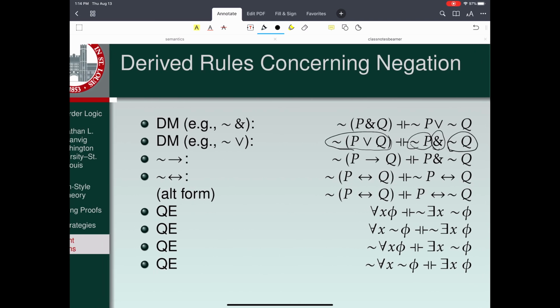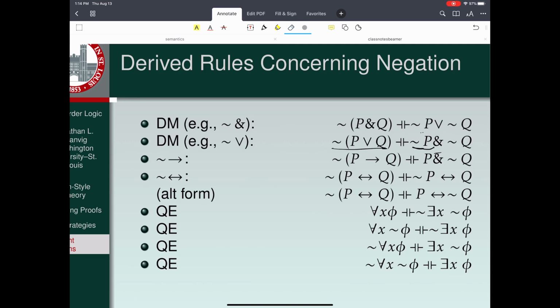The most important derived rules are ones that have negations out front. The reason for that is because if you have a formula governed by a negation, there simply are very few primitive rules that let you use that premise for anything.